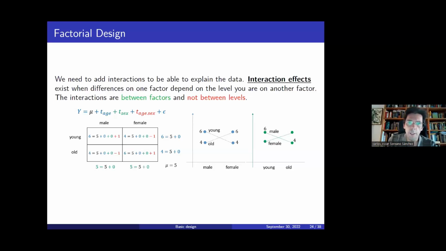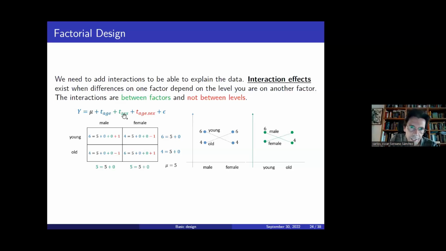And the same for age and sex. Males behave differently depending on whether they are young or old. This extra behavior is called an interaction. Then you can modify your model and say, what I observe is an overall mean plus something that depends on the age, plus something that depends on the sex.